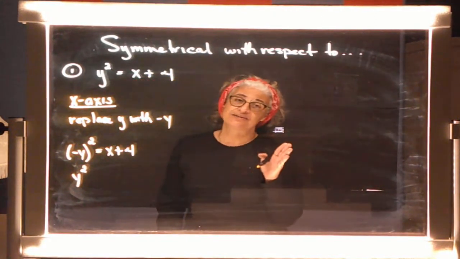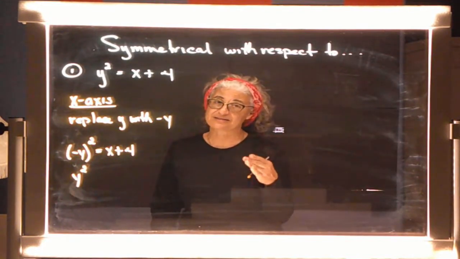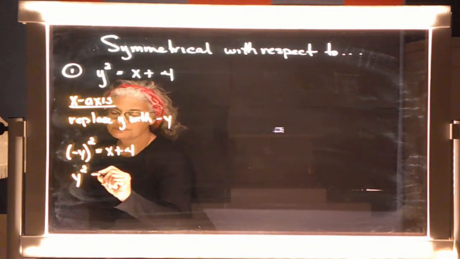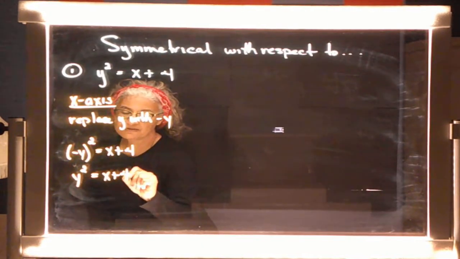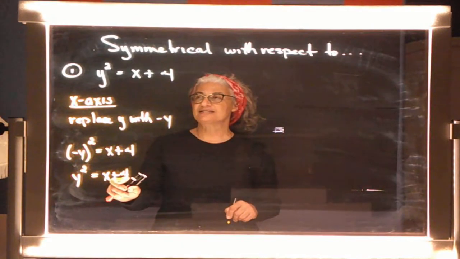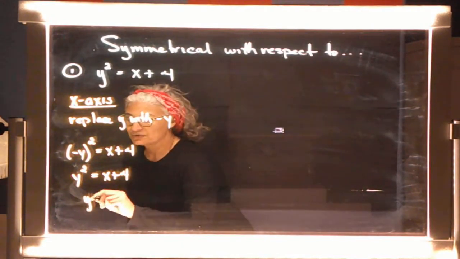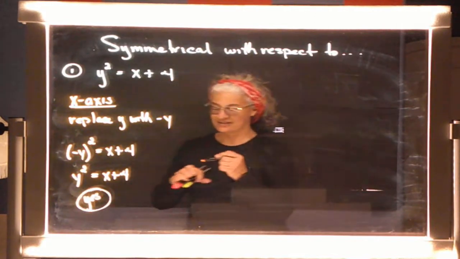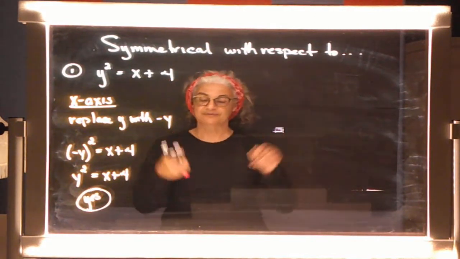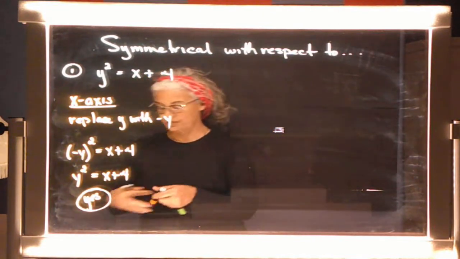I know the negative will turn positive, but since I still don't know what y is, the square has to stay. So y squared equals x plus 4. So the question is, is this equation equivalent to the original? Yes, it is. So looks like in this case we have x-axis symmetry. Yay!